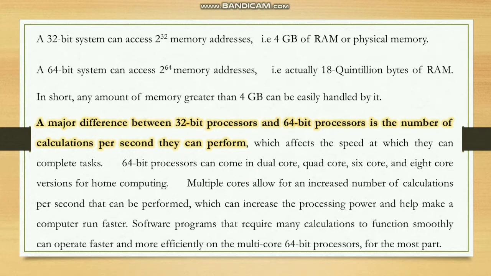A 32-bit processor could handle a bulk, and a 64-bit processor is handling data per second much faster than the first one. So a 64-bit processor can come in dual core, quad core, 6 core, 8 core, and different versions for home computing also.